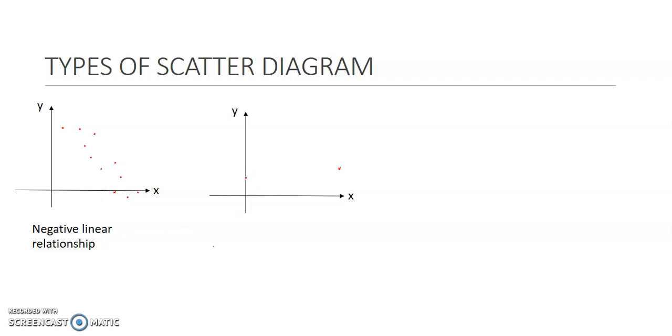The next one, if you get something like this in your scatter diagram, the first part of the graph is decreasing and the second part of the graph is increasing. For this one, there is no specific linear relationship, so we can conclude that this is non-linear correlation or non-linear relationship.